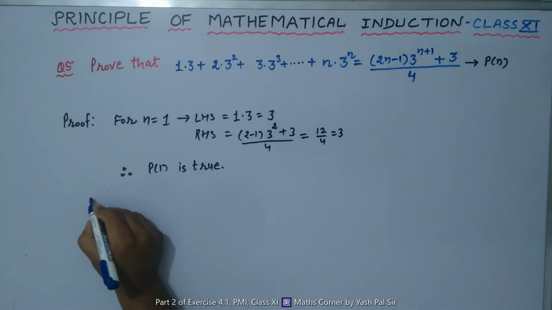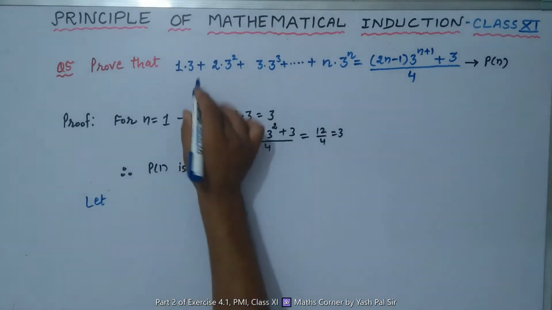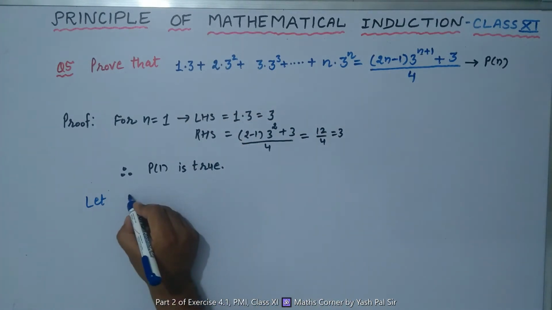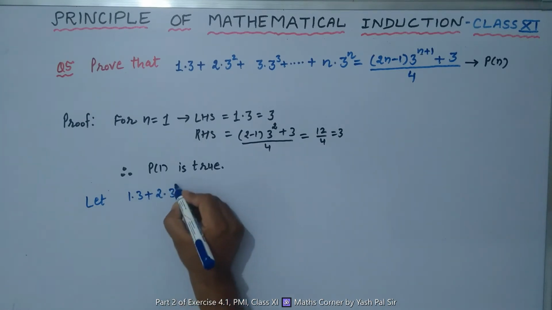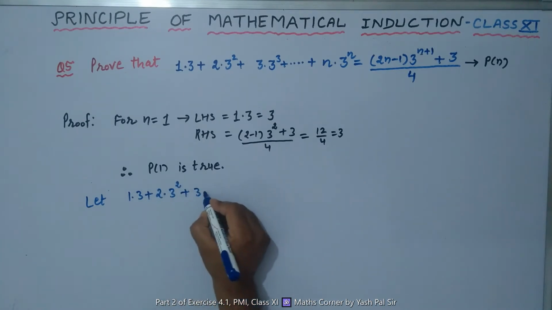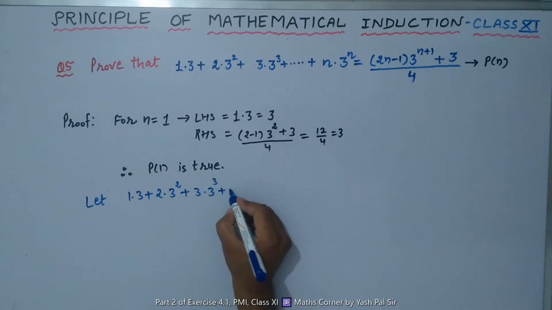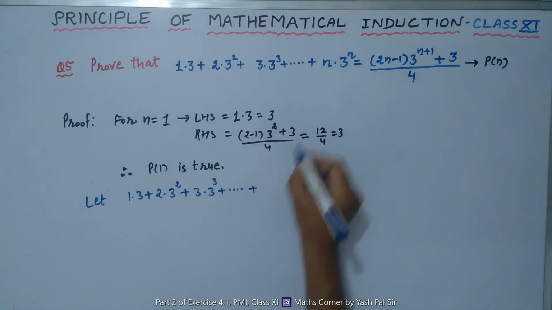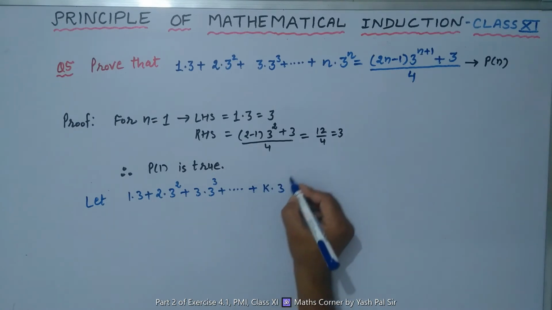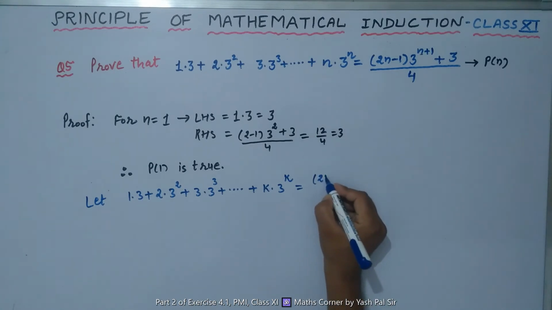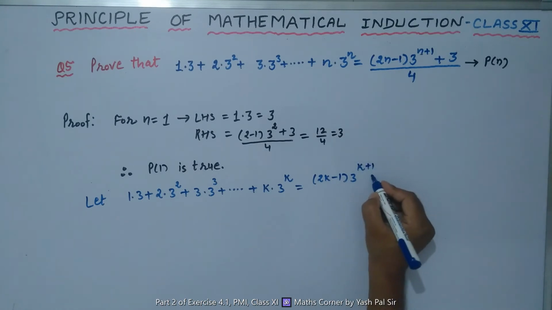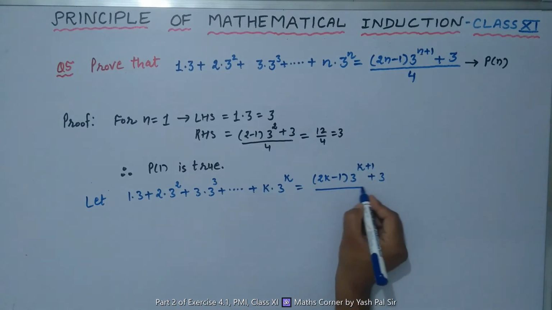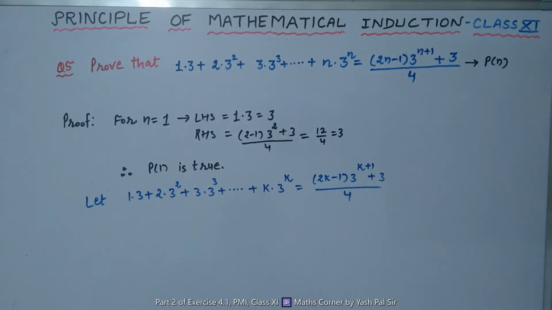So we write here, let the whole statement with n is equal to k: 1 into 3 plus 2 into 3 square plus 3 into 3 power 3 plus so on, k into 3 raised to power k is equal to (2k minus 1) 3 raised to power k plus 1, plus 3, whole divided by 4.